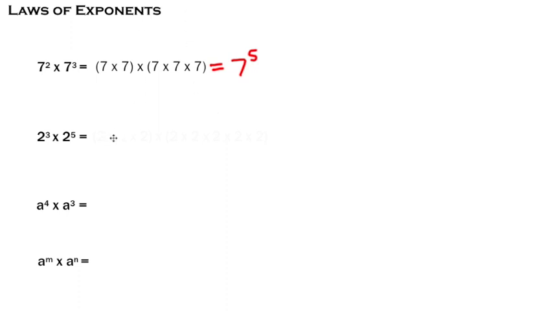Then in our next example, we have 2 to the third times 2 to the 5th. So we have 2 times 2 times 2 times 2 times 2 times 2 times 2 times 2. So in terms of our exponential notation, we are going to have 2 to the 8th. So what you can see here is some sort of pattern that is starting to emerge.